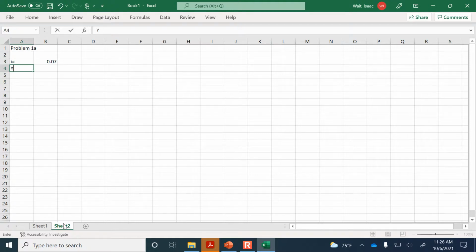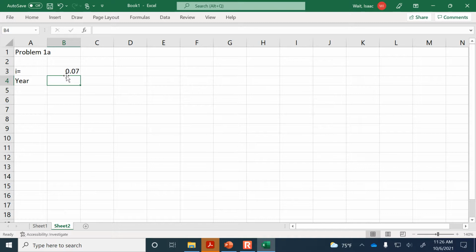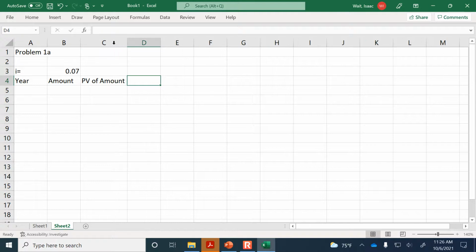You'll have year, let me make this a bit bigger, year, amount, and PV of amount. And then you'll have similar columns for part B, where we will have i equals 0.08.